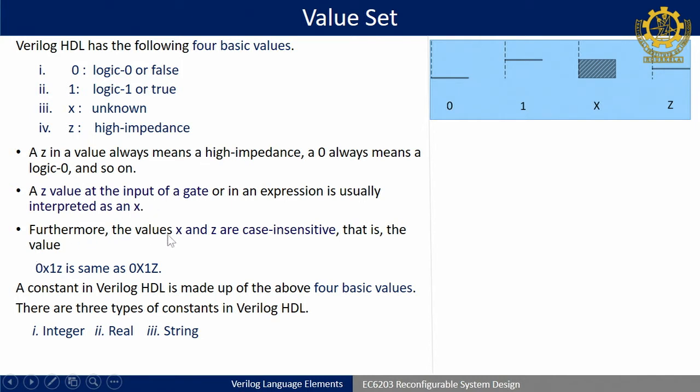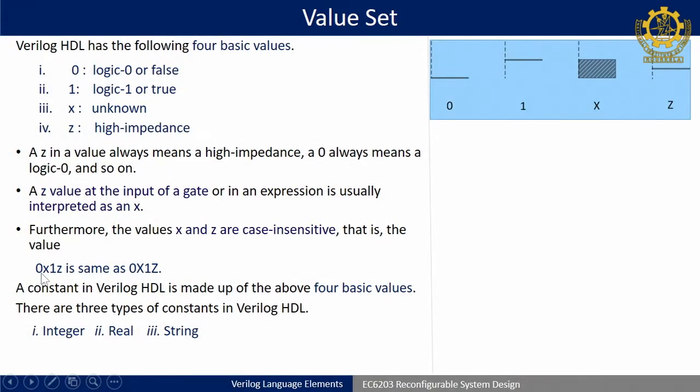Furthermore, the values X and Z are case insensitive, that you remember. Though the entire coding, meaning your identifiers and all, is case sensitive, X and Z are not case sensitive. If you are writing 0 x 1 z, or I have written here capital 0 X 1 Z, both are the same.